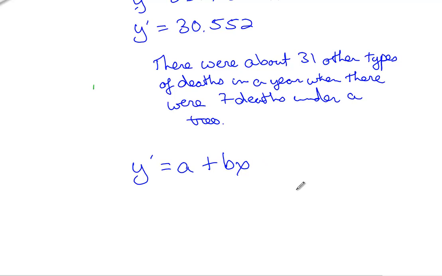Now you may have had in your original data set a year that had 7 deaths under a tree, but if we want to make a prediction about the population, we're going to plug that 7 in here and find the predicted value, because that is about the actual population. Remember, all of our data right now is coming from a sample, and so we need to expand it and make that prediction back onto the population.